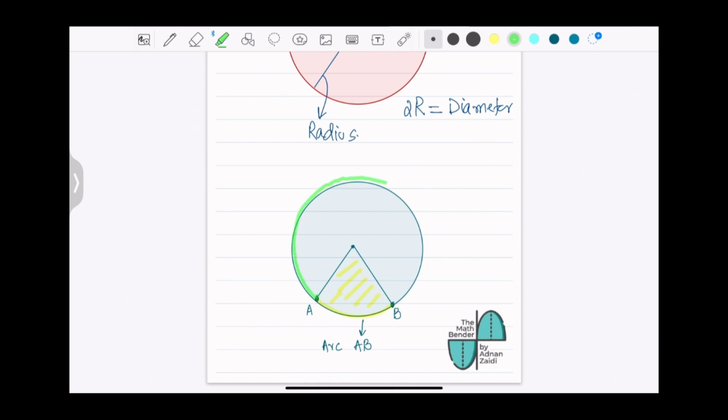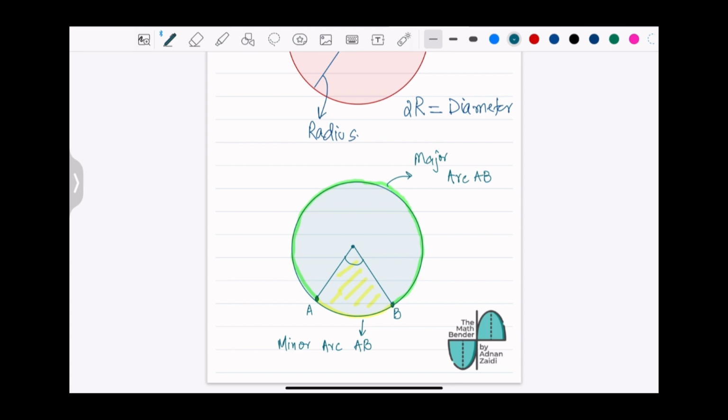It is also using the same points AB. So in order to differentiate them, I can say that this is also arc AB, but since it's big, we call this a major arc. And the smaller one can be written as minor arc AB.